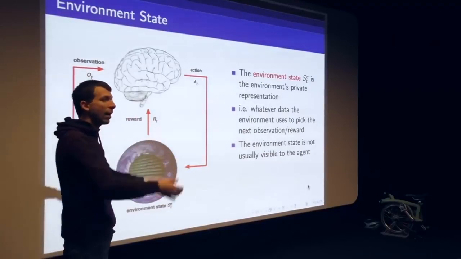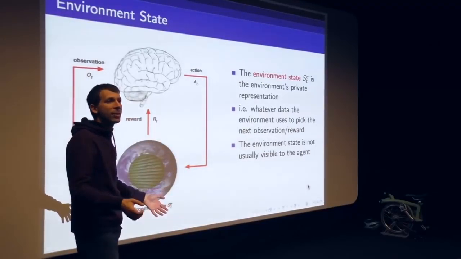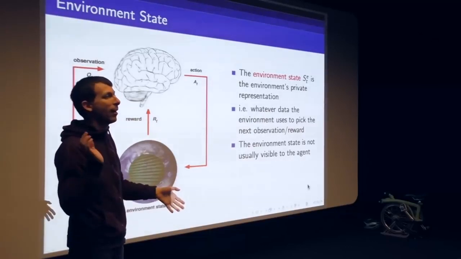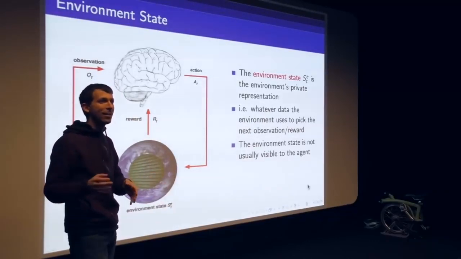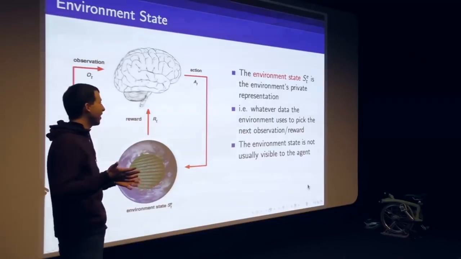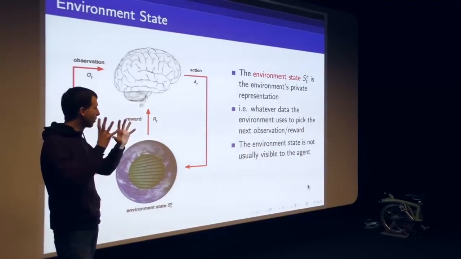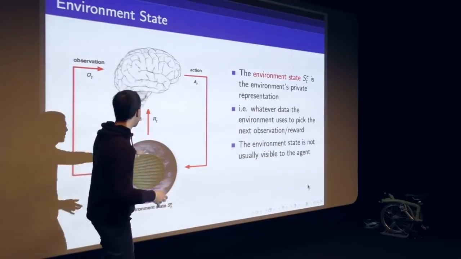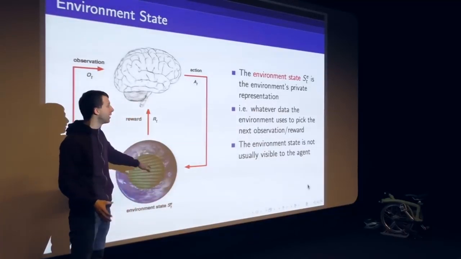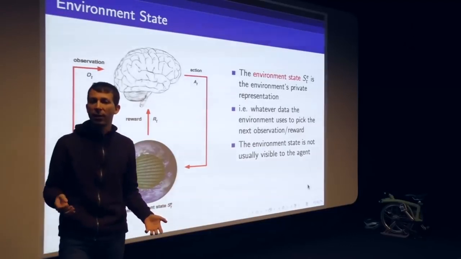If you've got some robot walking around in the world, it doesn't know the state of all of the atomic configuration of Ayers Rock in Australia. It only gets to see what's in front of it in this video stream that's coming through to it right now. So the environment state, this set of numbers that's determining what happens next, isn't usually visible to the agent.